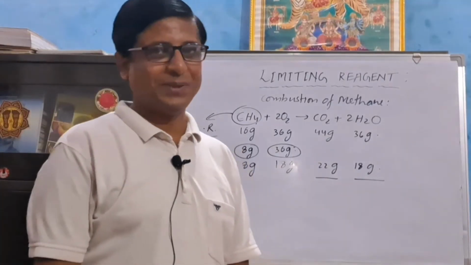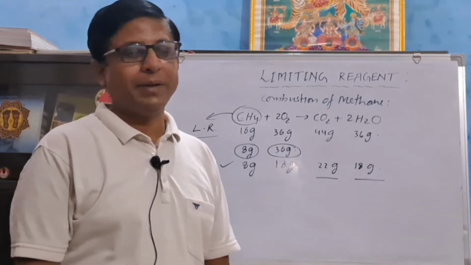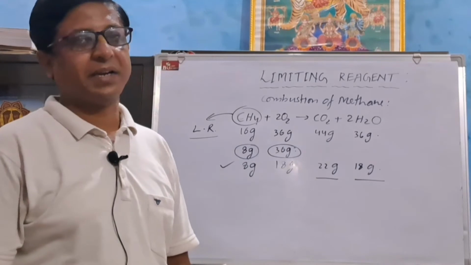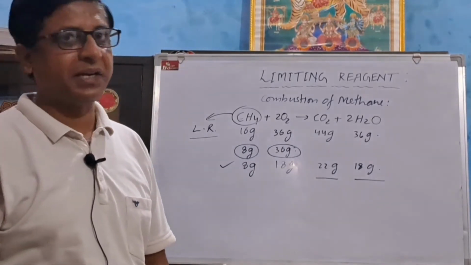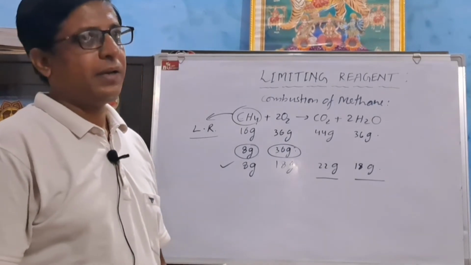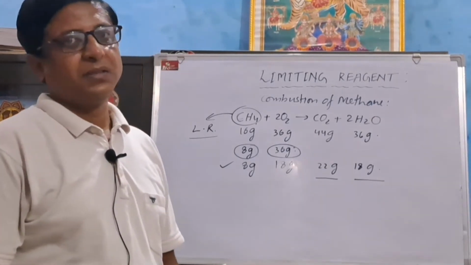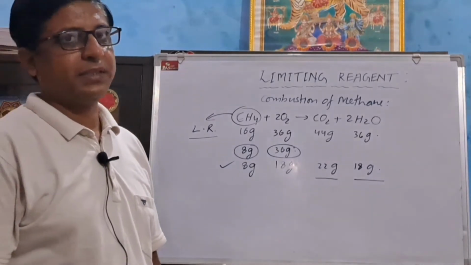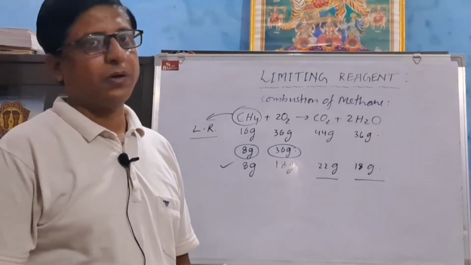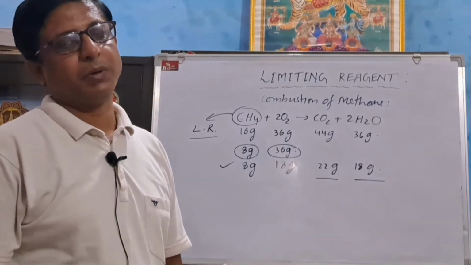Hello students, today the next topic is limiting reagent. Many times chemical reactions are carried out in which reactants are not present as required in the balanced chemical reaction. Some reactant is present in excess, however, another reactant may be present in lesser amount.